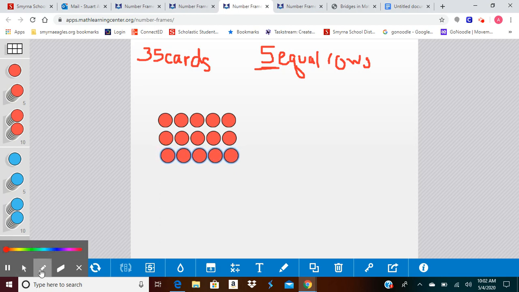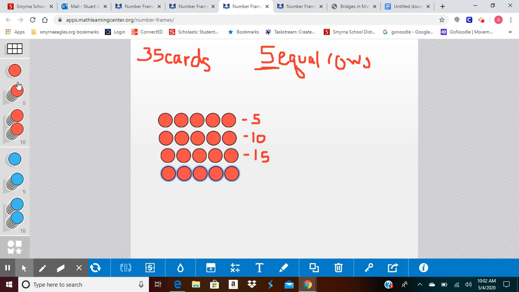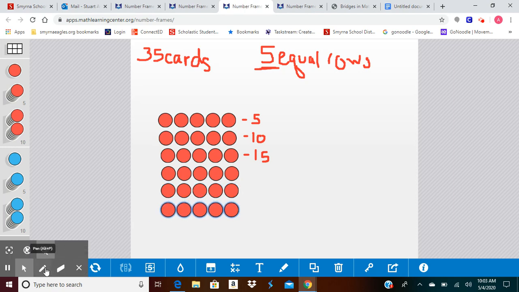Let's label some. 5, 10, 15, let's label and catch up. 20, 25, 30.